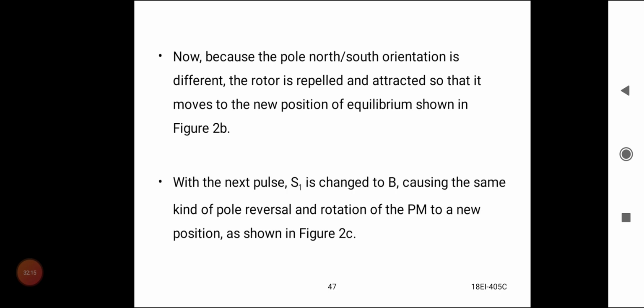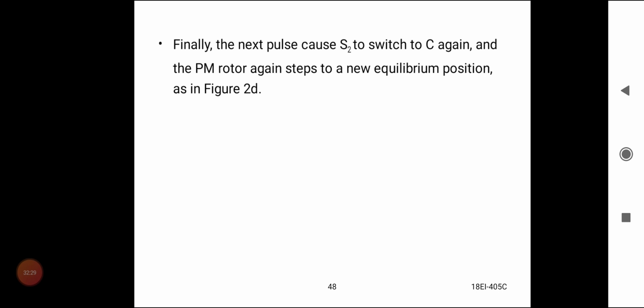With the next pulse, S1 is changed to B, causing the same kind of pole reversal and rotation of the permanent magnet to a new position as shown in figure 2c. Finally, the next pulse causes S2 to switch to C again, and the PM rotor again steps to a new equilibrium position as shown in figure 2d.